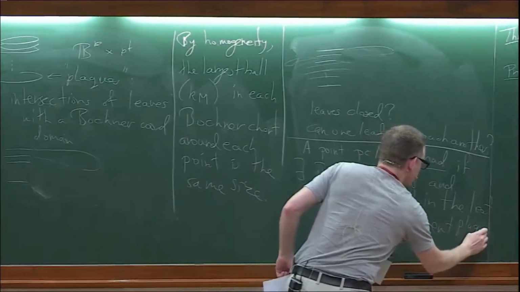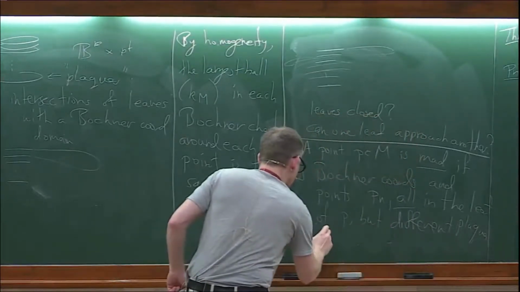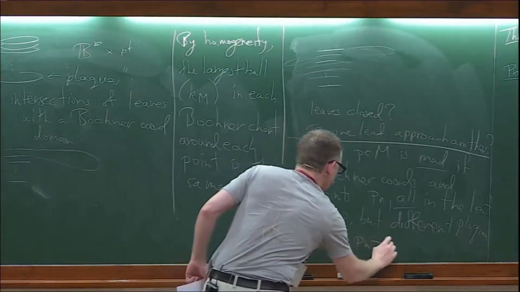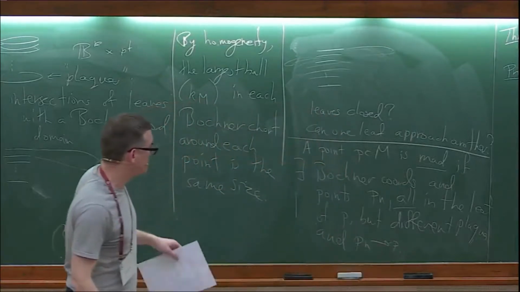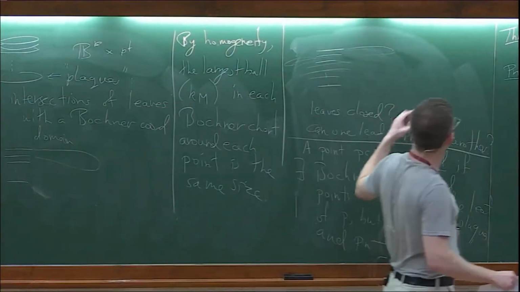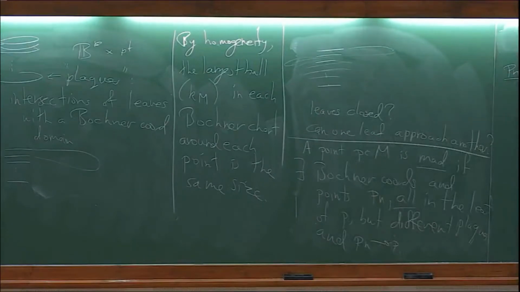And we might as well assume different plaques and P_n approaching P. Okay, so mad points turn out to be the right things to think about. It's hard to get anywhere with closed leaves, but if you make the additional assumption that you're dealing with mad points, then it's actually much easier.